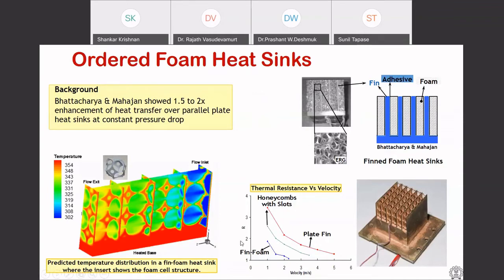That's why the thermal resistance is very small at equal velocities. Yes, the pressure drop is higher as well, but based on constant pumping power, these periodic fin foams show very good performance, so almost 50% improvement in thermal performance.